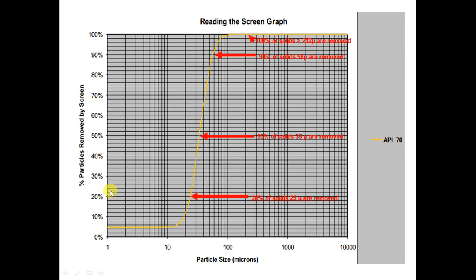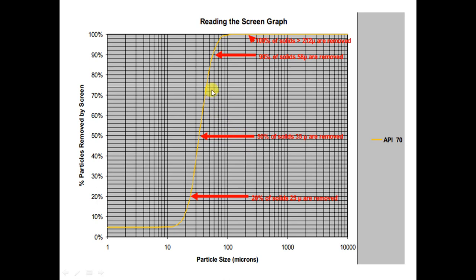So when I say that the D50 of the API 70 equals, for example, 35 microns, this means that everything above 35 will be separated, but the 35 micron size is half separated.